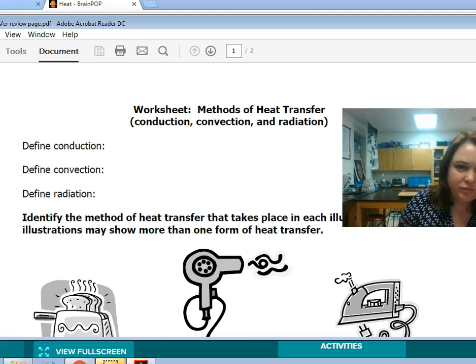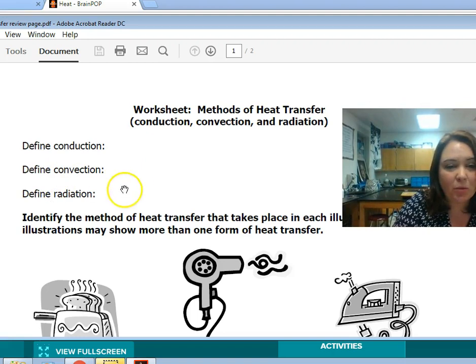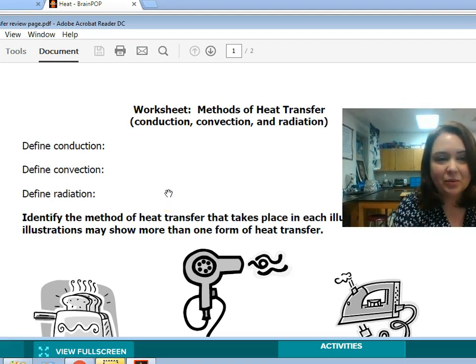Conduction. As you can see here, conduction is actually, let's see, is it working? Oh, I don't know if it's going to work. Alright, conduction is the act of heat transfer by touch. This isn't going to work for me, so I'm going to put this aside.